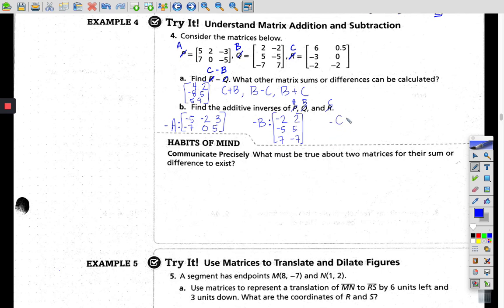And then -C. -6, -0.5, 3, 0, 2, and 2. It's 4. Oh, I thought I said 2 plus 2.